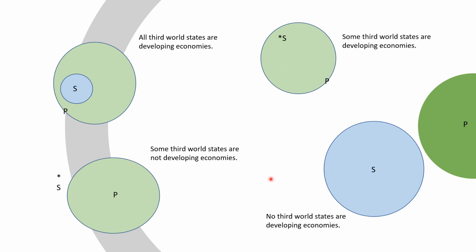It's different with this presentation here because very clearly there is a separation, a break, a gap, a void, a non-relationship between two classes or terms. So here, when you say some third world states are not developing economies, the subject term, the third world states class, is excluded from the predicate, the developing economies class.